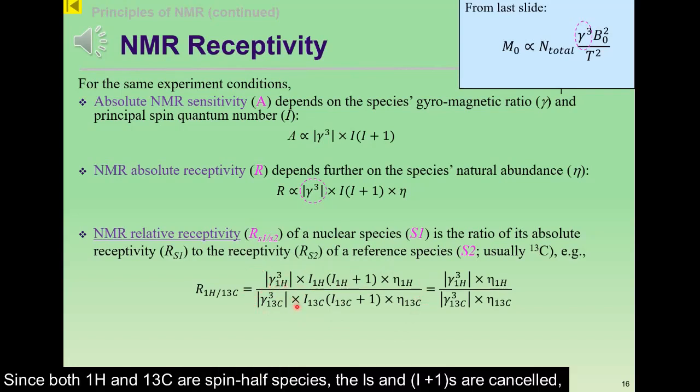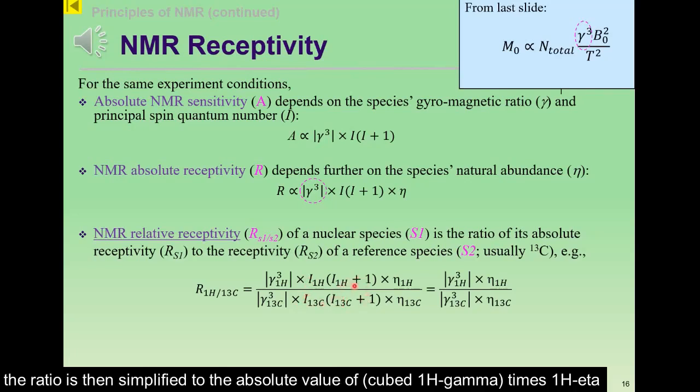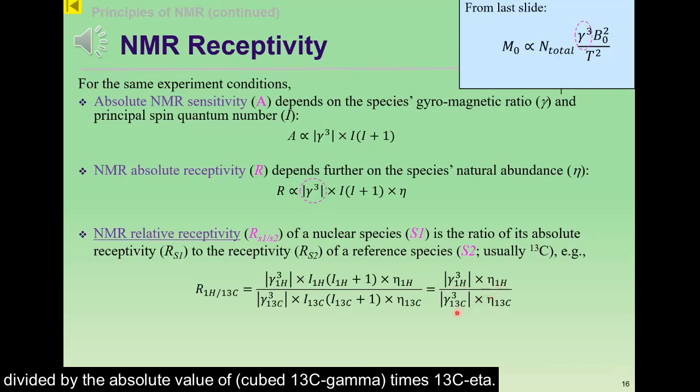Since both 1H and 13C are spin-half species, the I's and the I plus 1's are cancelled. The ratio is then simplified to the absolute value of cubed 1H gamma times 1H eta divided by the absolute value of cubed 13C gamma times 13C eta.